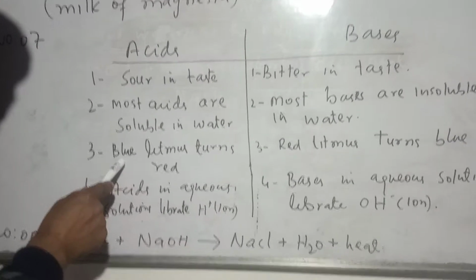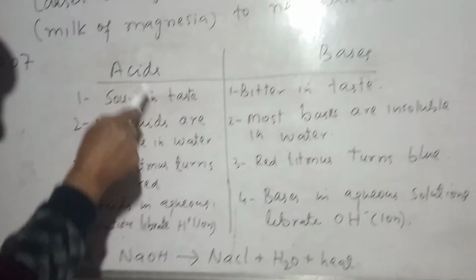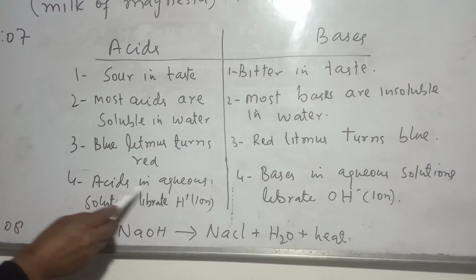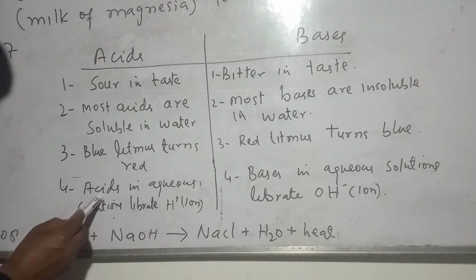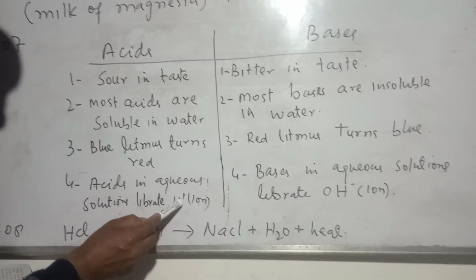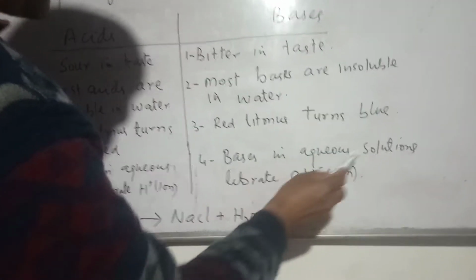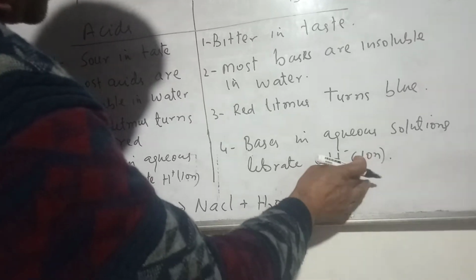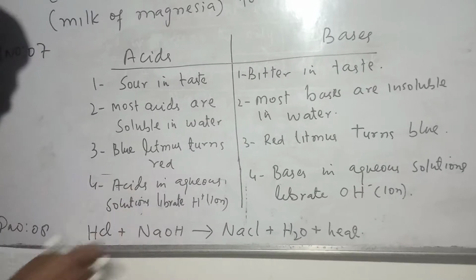Blue litmus turns red in acidic solution and red litmus turns blue in basic solutions. Acids in aqueous solutions, aqueous means which contain water, liberate H positive ions, whereas bases in aqueous solutions release OH hydroxide ions. These are 4 differences between acids and bases.